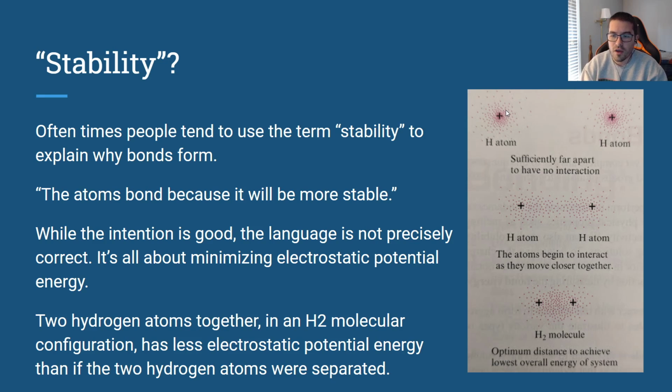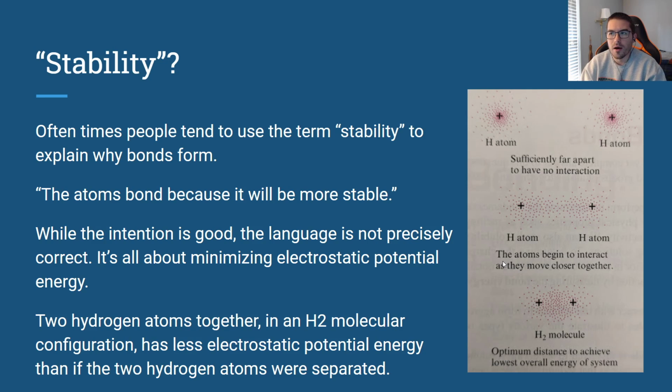So let's just take the idea that these red dots here represent negative charge density. The more dots, the more dense; the less dots, the less dense. As the atoms begin to move closer towards each other, what happens is a lowering of the electrostatic potential energy.